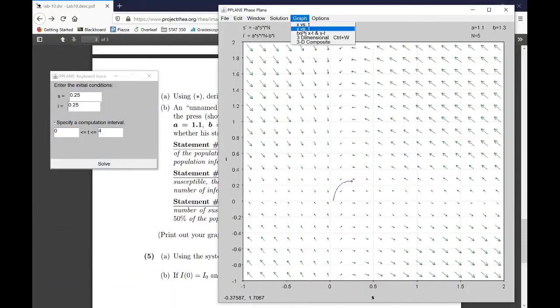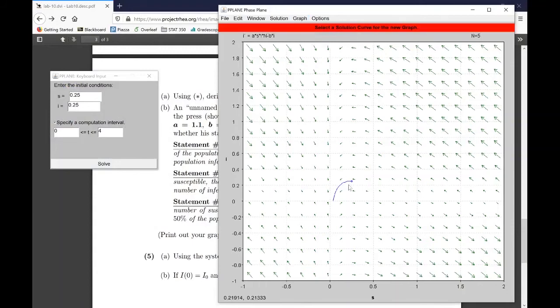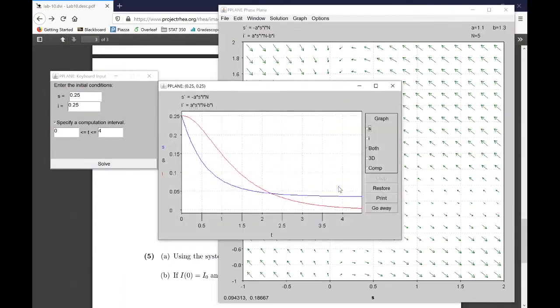Again, we're going to use both x of t and y of t here because we want to compare the percentage of susceptible to the percentage of infected. And we see right here that the curves intersect, meaning that at some point in the future, the number of susceptibles will equal the number of infected, and so statement 2 is false as well.